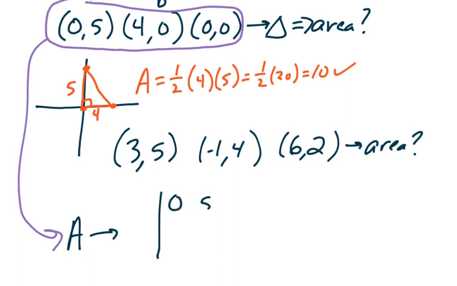Here's x and y. Next point, x and y. And last point, x and y. And I'm going to fill the last column with 1s. Why? Because that's part of the formula. We'll see in a second why that's the best. So again, I put the x's in the first column, I put the y's in the second column, and I filled the last column to make a full 3x3 matrix with 1s.